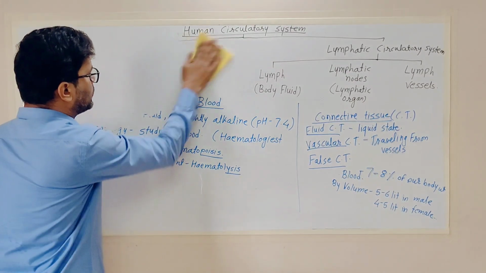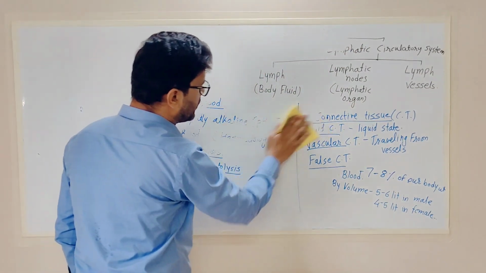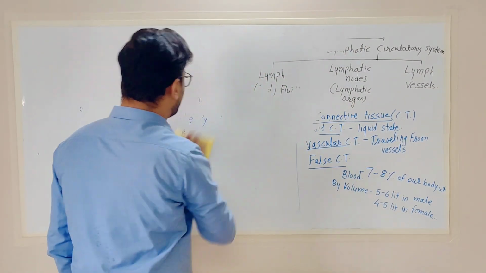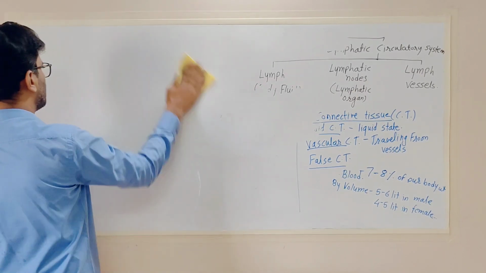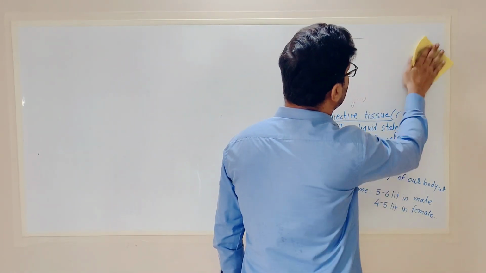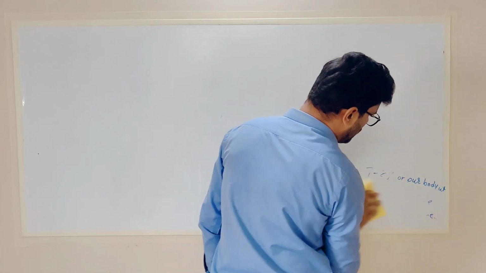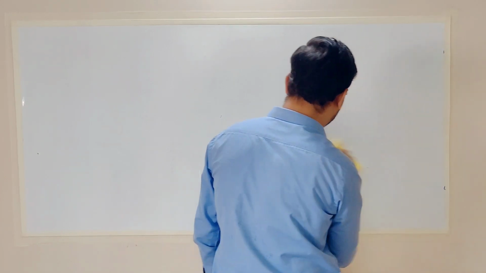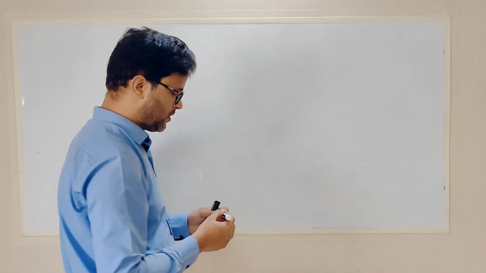Okay, so I said blood does not have fibers, but it has different types of cells, and it also has a matrix. The blood matrix is known as plasma.